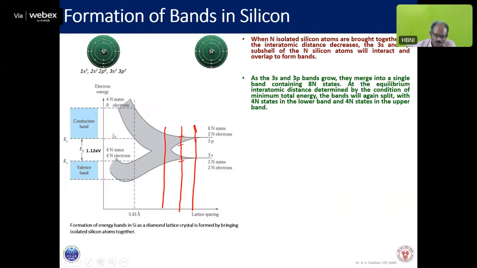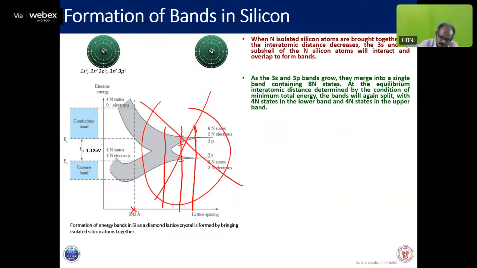Now this is actually the lattice parameter on which silicon crystallizes. So if I forget this entire thing, I can cut it. This is a hypothetical situation. This part is also a hypothetical situation, because silicon crystallizes at 5.43 angstrom.